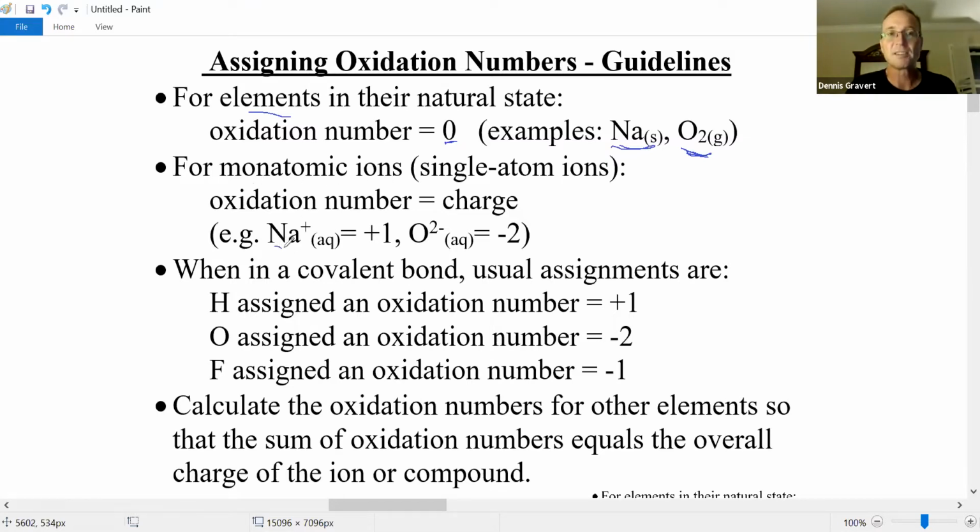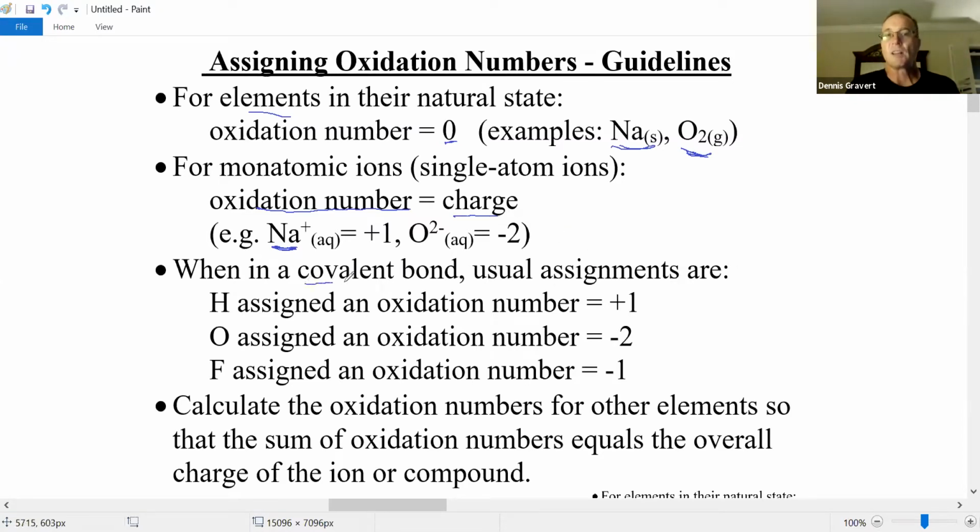For example, sodium is a single atom with a plus charge. Oxide is a single atom oxygen with a -2 charge. Yeah, these are single atom ions, monatomic ions. And what we're going to do is say, hey, the pretend charge, the oxidation number, is simply equal to the charge on that atom. That's rule number 2.